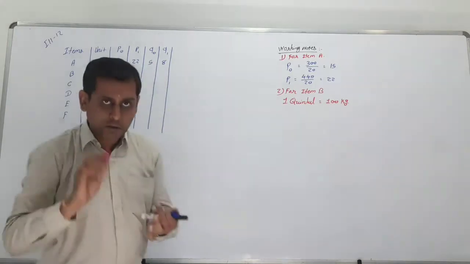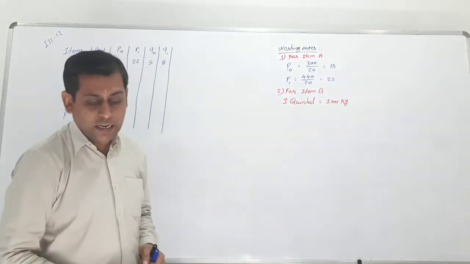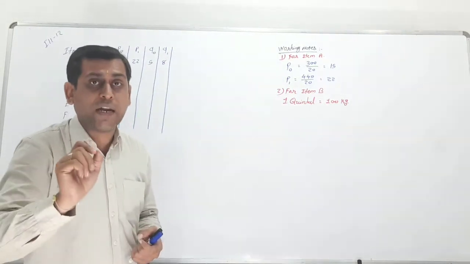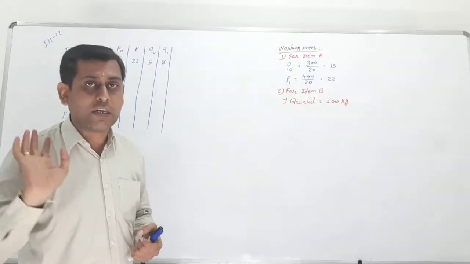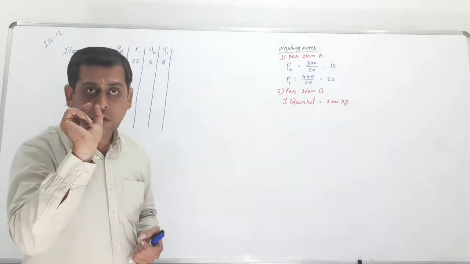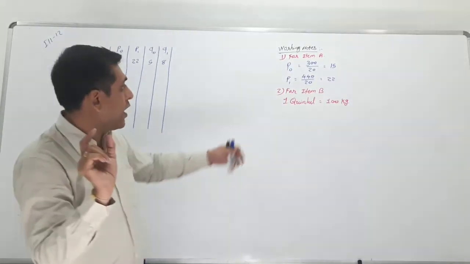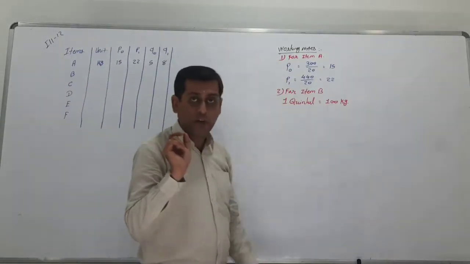See, just see that here it is given in item A 20 kg, right? And in the quantity column kg. So 20, we have to remove the 20.